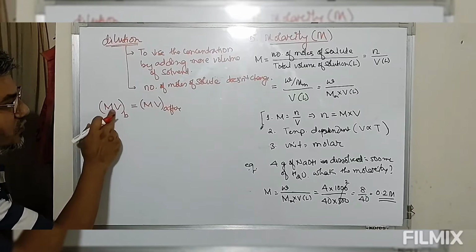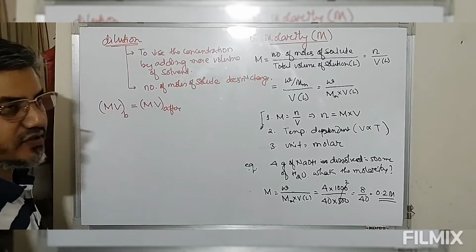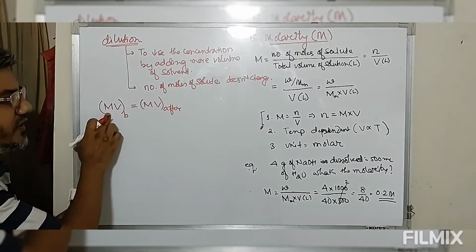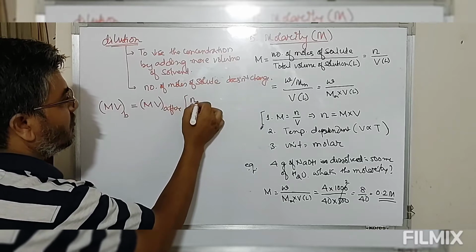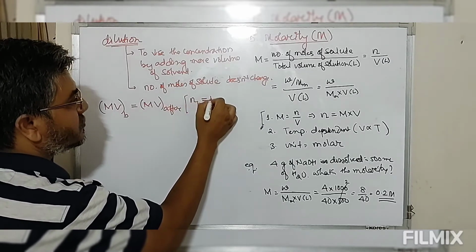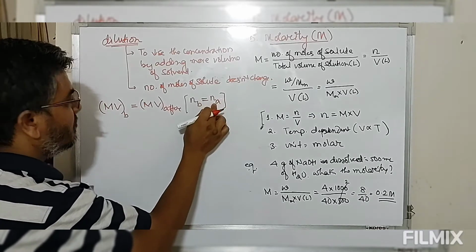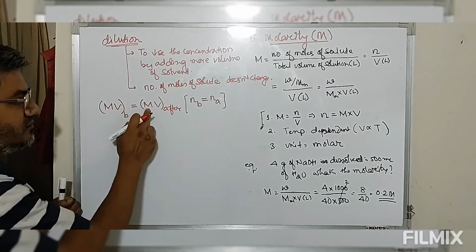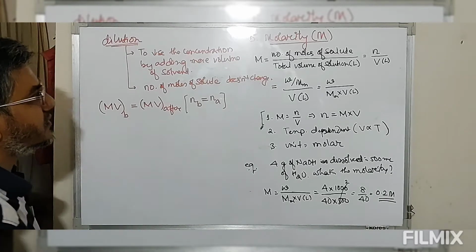That means the number of moles of solute before dilution is equal to the number of moles of solute after dilution. Number of moles is molarity into volume.